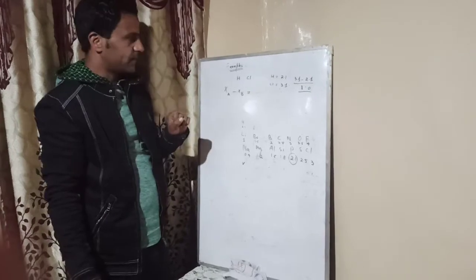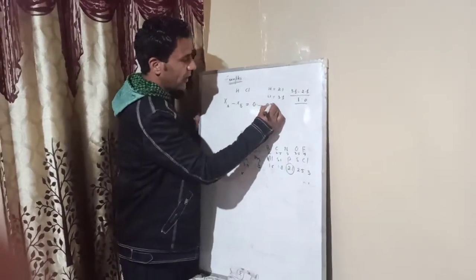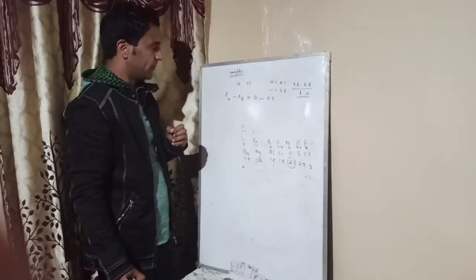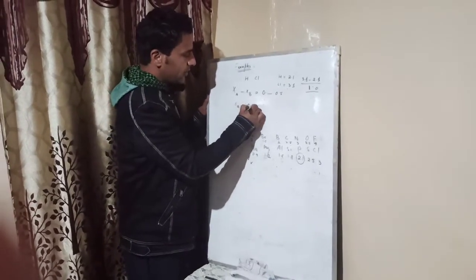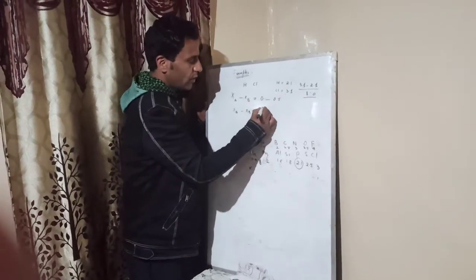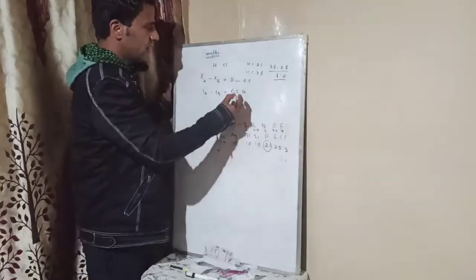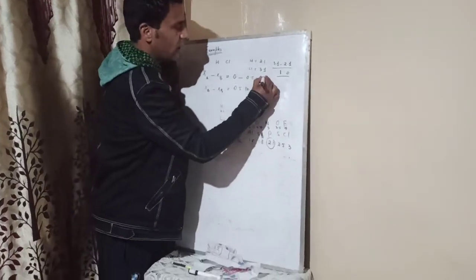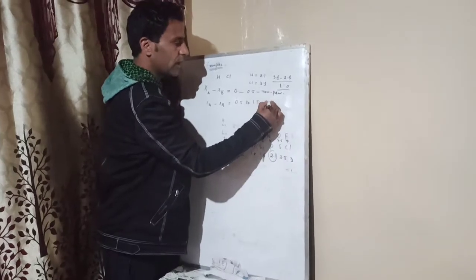two elements is 0 to 0.5, then it's a non-polar covalent compound. And if XA minus XB is equal to 0.5 to 1.5, this is a polar covalent compound.